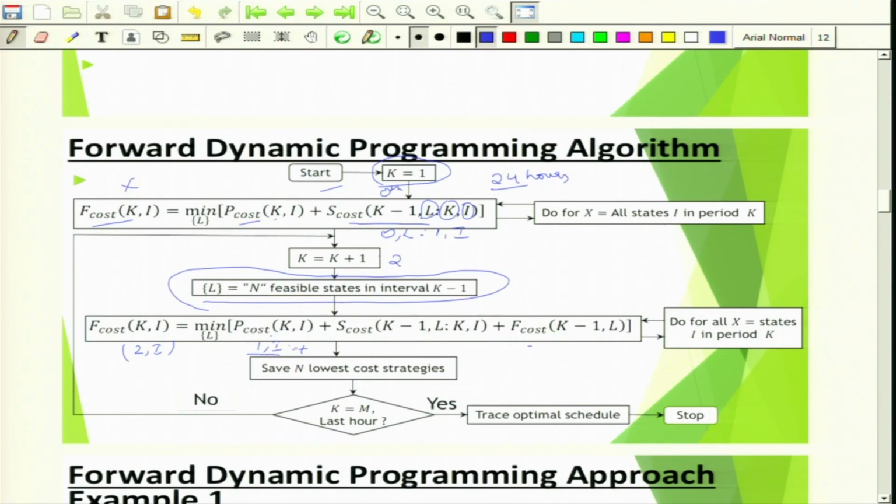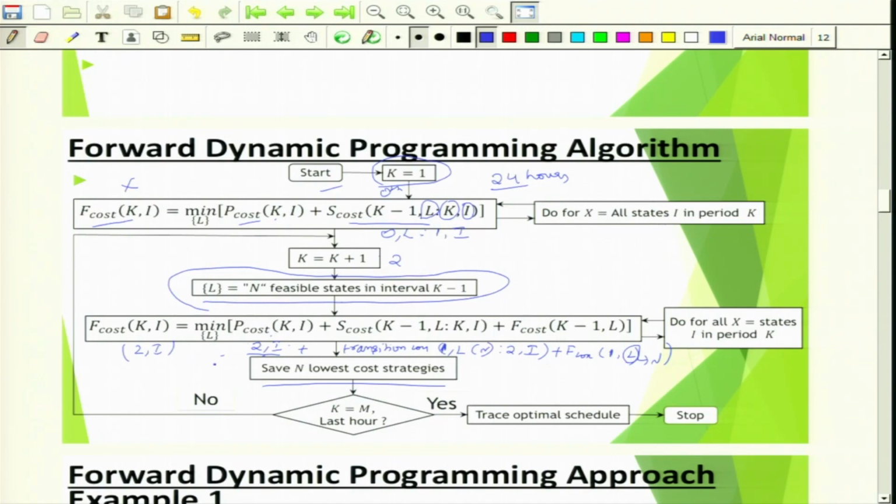So the production cost of this interval is 2 comma I, because now k is equal to 2, and then the transition cost from 1 comma L, which is same as N. These are the most economical states up to the second interval for the ith combination, plus the total fuel cost involved in the previous one, that is 1 comma L, where L is again N, the most economical states, right, and save N lowest cost strategies again.